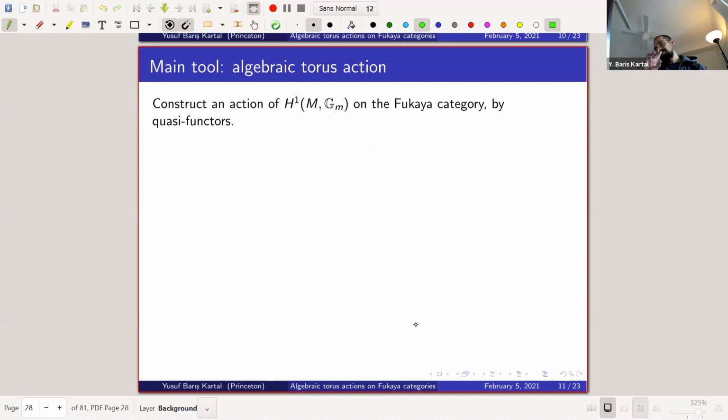Okay, so the main tool is constructing an algebraic torus action. The algebraic torus is just this guy here. If you want, it's G_m to the first Betti number of M. And as I said, I'm modding out by the torsion part. And the action is going to be by quasi-functors. So I had this brilliant idea.